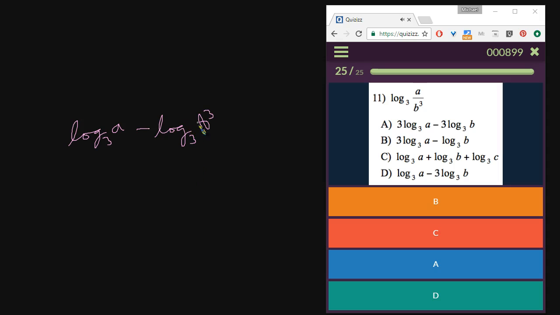And we can expand it a little bit more. That's a b, sorry. We can expand it a little bit more by putting this 3 out in front. So it'll be minus 3 log base 3 of b. And still log base 3 of a. So log base 3 of a minus log base 3 of b. Answer D. Let's try.